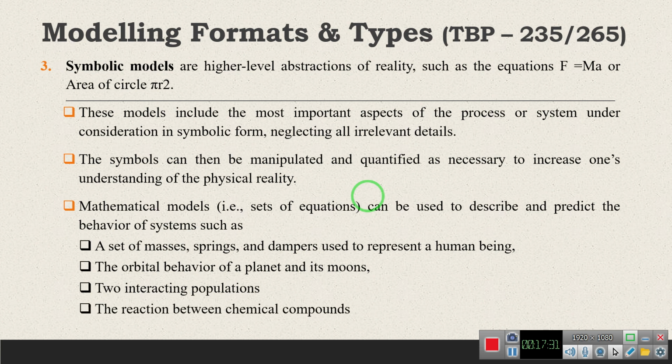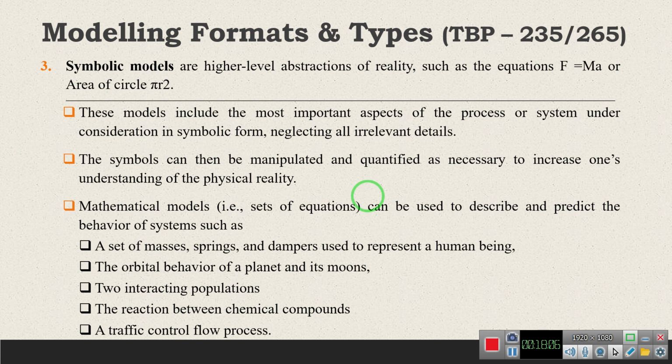Reaction between chemical compounds, in chemistry also we can have equations, how the acids behave, how the different chemical compounds behave, its characteristics, we'll write on a piece of paper, or we'll do on a computer. A traffic control flow process, means you need not go physically test in an actual scenario how the traffic is affected, where traffic jams are going to take place, and how fast we have to control the traffic.